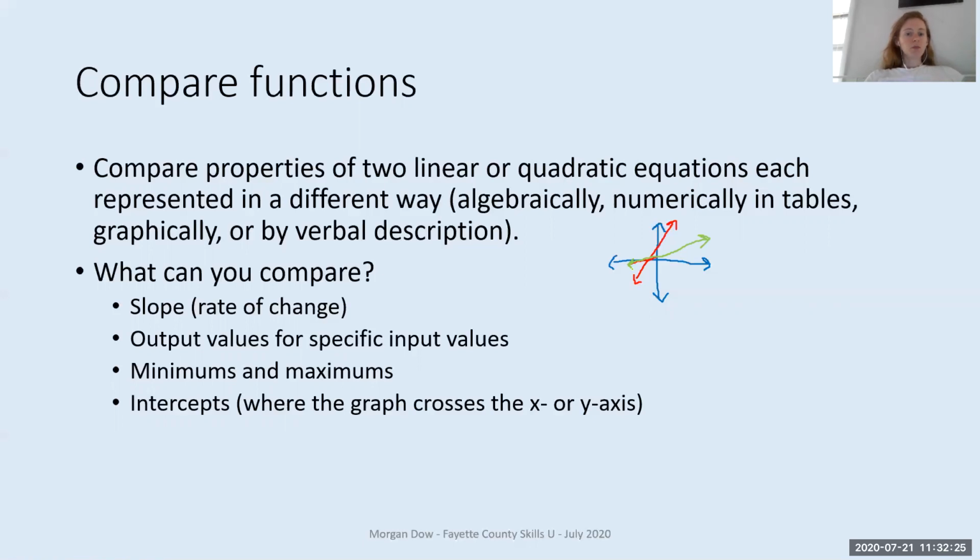So another thing we can compare between functions is we could compare output values for specific input values. So if we return to this red and green line here, let's say we're talking about an input value of 1. So, right, we're talking about x equals 1.